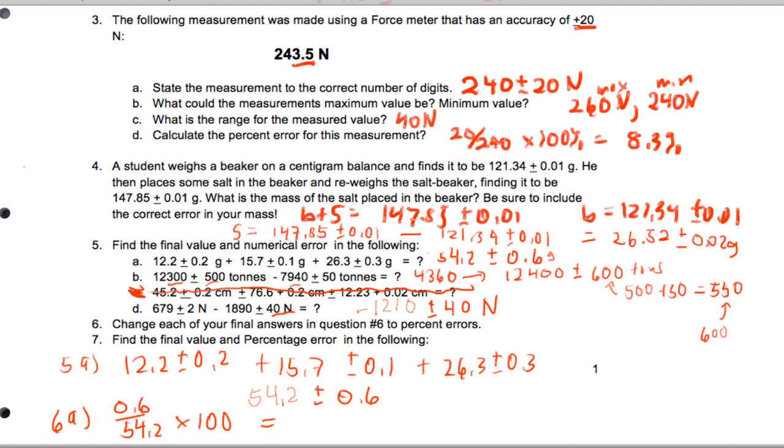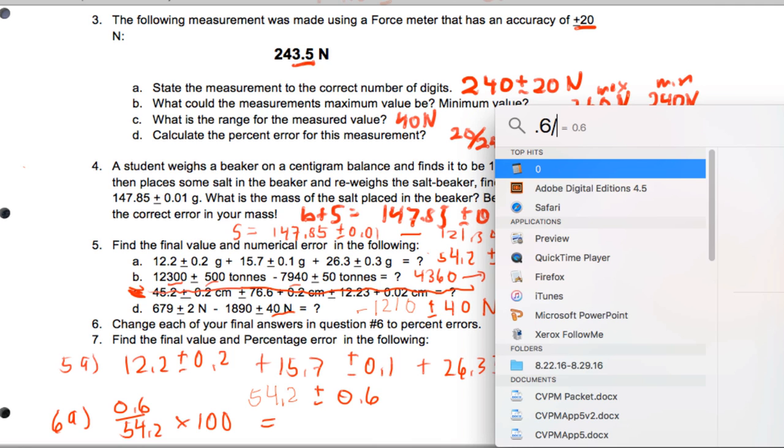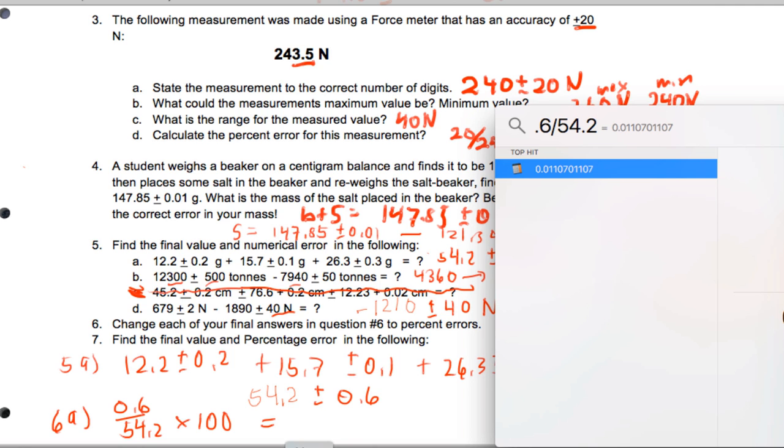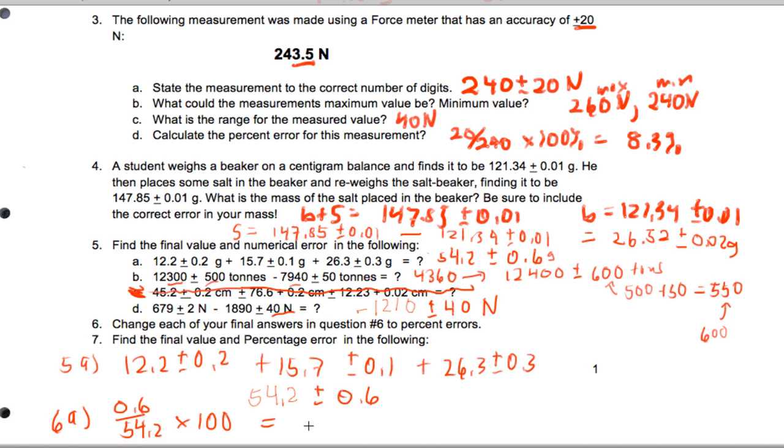And when I actually check that, that's going to give me 1.1% error. Okay? So I also took it to one decimal place.